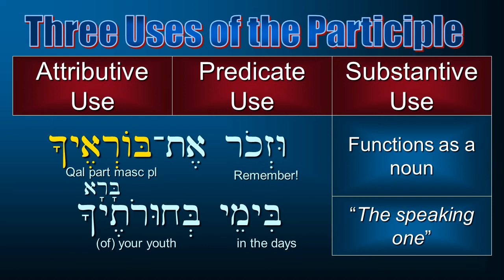It's describing him as the creator, and that's how we usually translate it. Remember the creating one, but we usually say remember your creator, and that works. And notice it's your creator. It's the one creating you. That last suffix indicates that it's for you, masculine, plural. So it has that masculine plural ending. Not that the creator is plural, but the ones that he did create is plural.